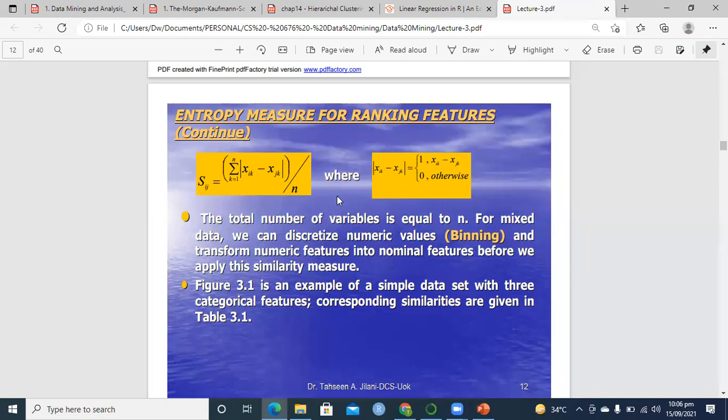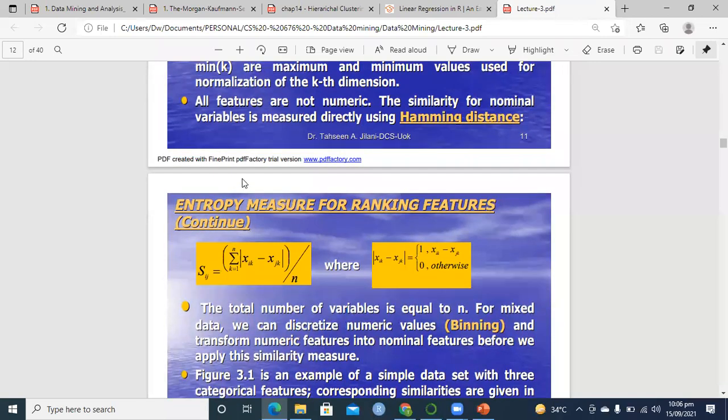Okay, what is it? If Hamming distance is used, all features are not numeric. For example, when there is categorical data in your variables, then in case of categorical data, we calculate this. Sij, the similarity between ith and jth field or columns, is equal to the absolute difference between xi and xj. What is k representing?